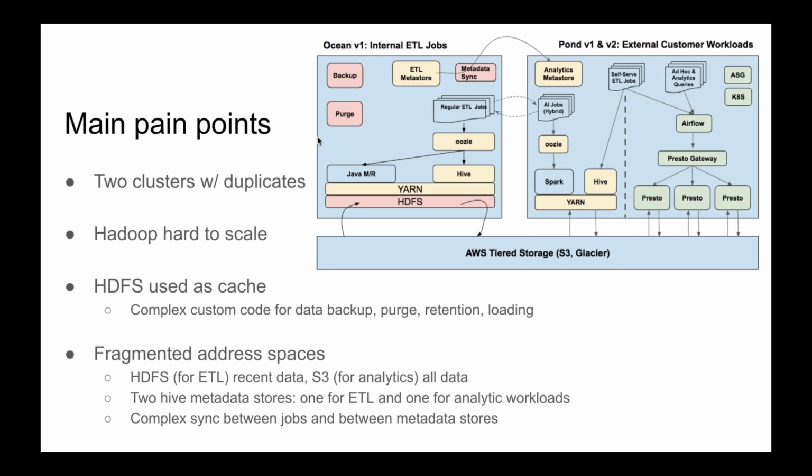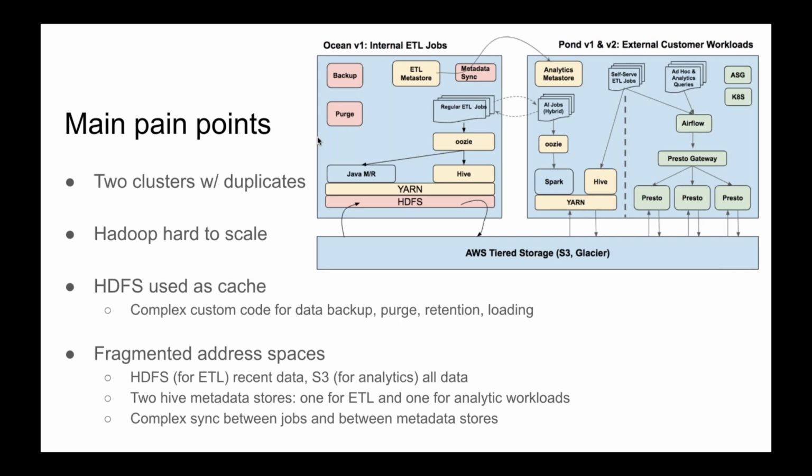And then when the data is residing in HDFS, we have to persist the data to S3 and also have to clean up the disk space frequently. So it's a lot of hassle. HDFS is used as cache, but it was not designed for caching purposes.